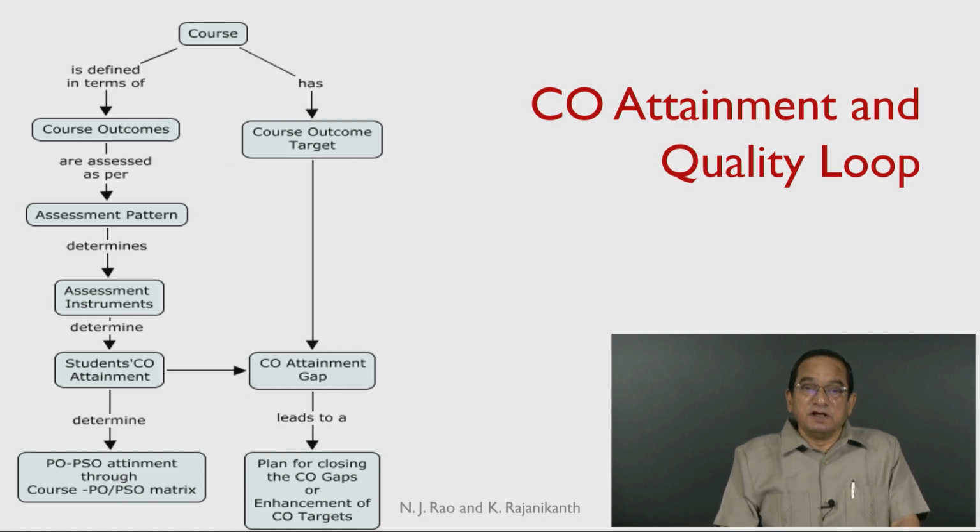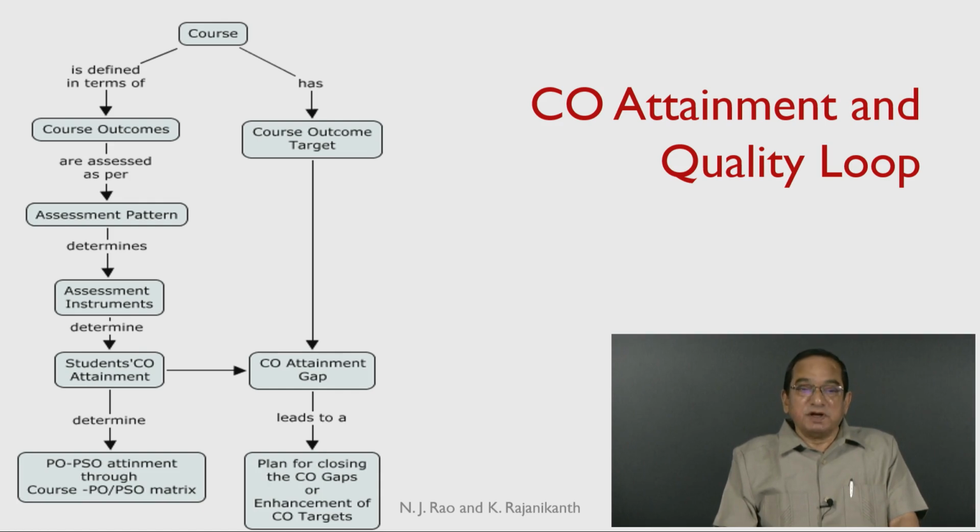This figure depicts the overall process. We have a course. The course has course outcome targets. We set the targets for the attainment of course outcomes. The course is defined in terms of course outcomes. These course outcomes are assessed as per the assessment pattern.